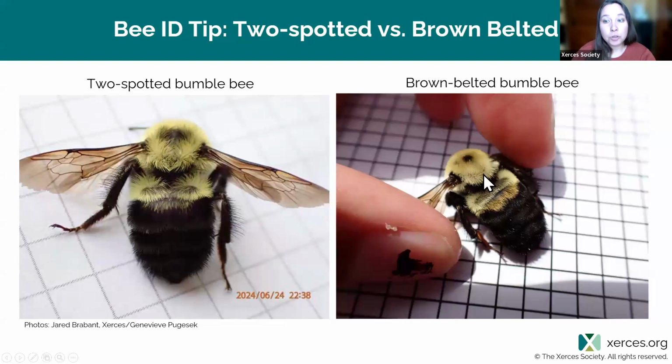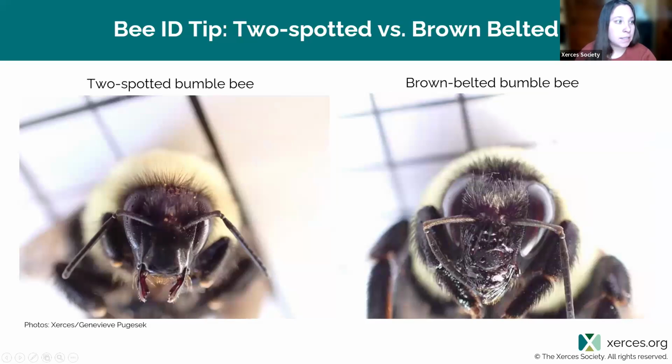Brown-belted bumblebees tend to have shorter, more close cropped looking hair than the two-spotted bumblebee, which tends to be a bit shaggier. The second thing I like to look out for is how far those yellow hairs on T2 extend towards the edges of the segment. For the brown-belted bumblebee, you won't really see yellow hairs extending all the way to the edge, as you often will see for the two-spotted bumblebee.